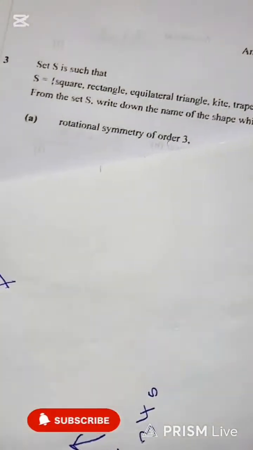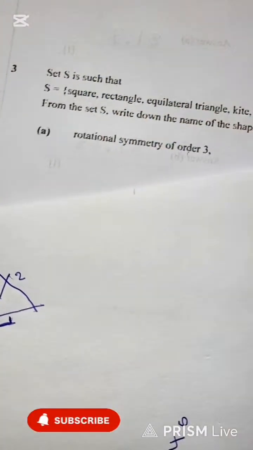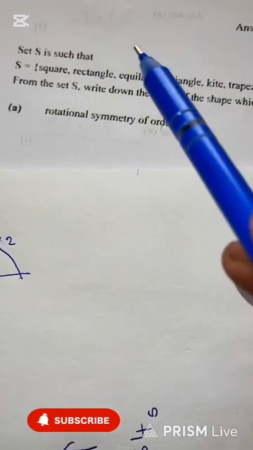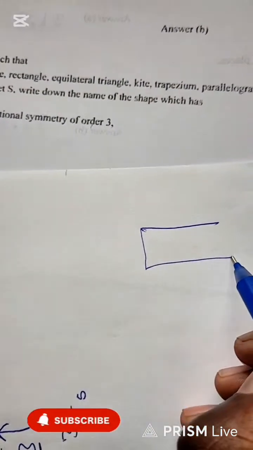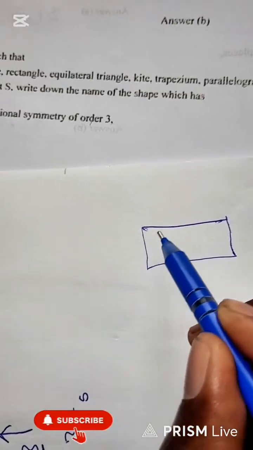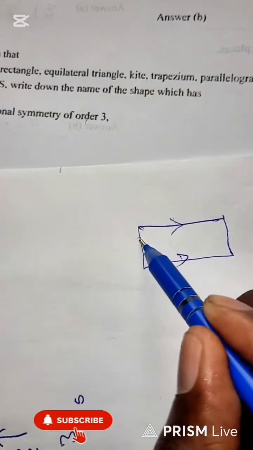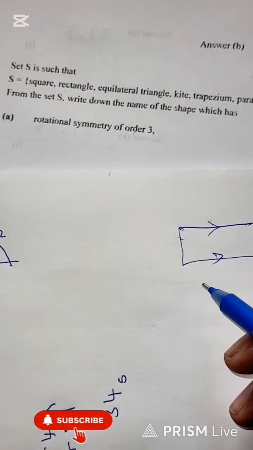Right. So from our sets here, a square has rotational symmetry of order 4 and 4 lines of symmetry. A rectangle is like this. This side and this side are equal, and this side and this side are also equal, with opposite angles equal.